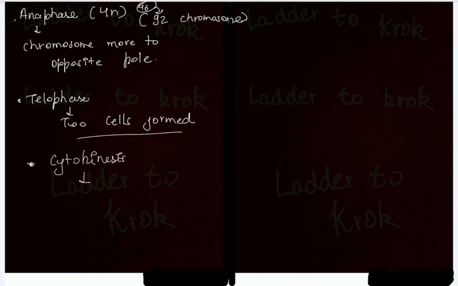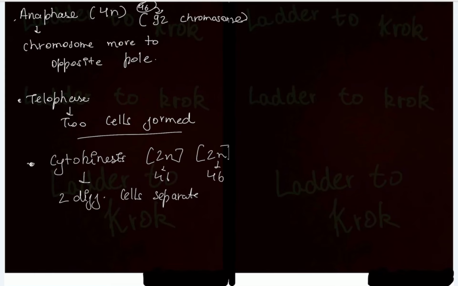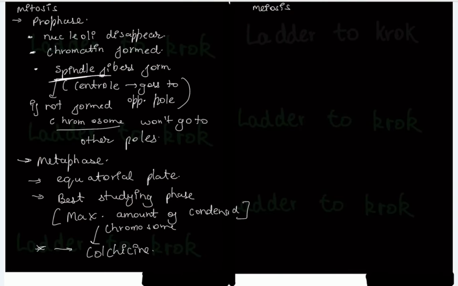What is cytokinesis? Two different daughter cells separate, and we have 2n and 2n, and both have 46 and 46 chromosomes. This is clear for mitosis.